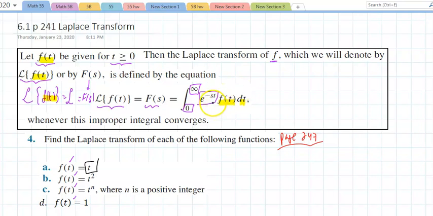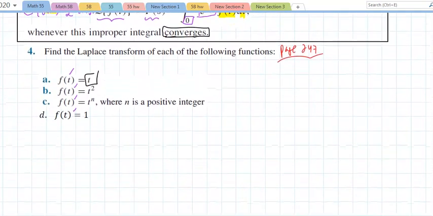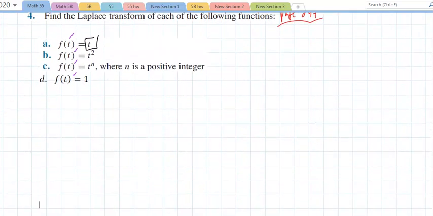Since you are taking the limit as t approaches infinity, you're going to be left with a function of s, whenever this improper integral converges. So you're only looking at the convergent part, not the divergent part. So we're going to start with some examples, and I'm adding a bit more to it. I'm going to start with part D as a practice.